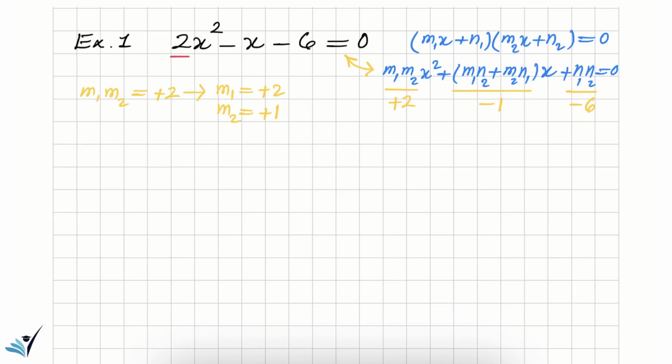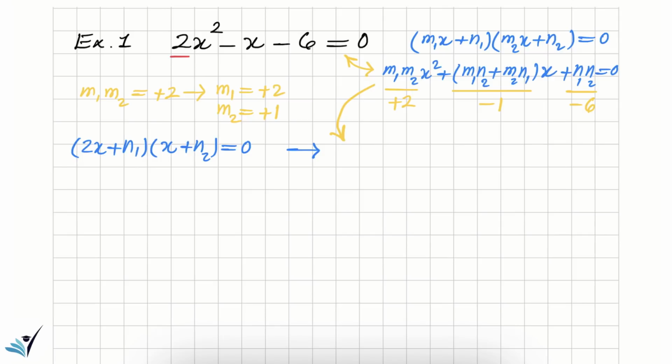So let's go ahead and replace m1 and m2 in the factored form. If we do so, we have (2x plus n1)(x plus n2) equals 0. And if we use the distributive property to do this multiplication, we can obtain the answer. Also, we can use the equation up here and replace m1 with 2 and m2 with 1.